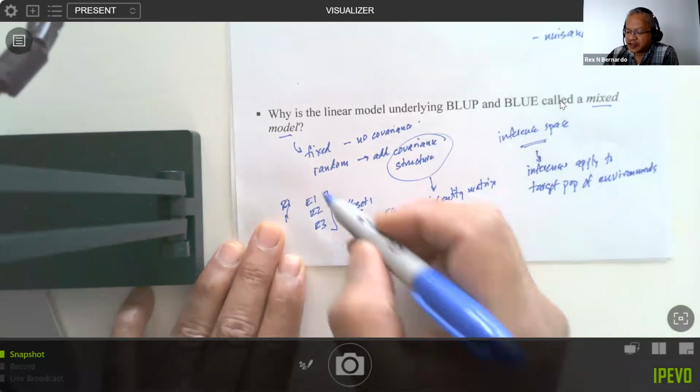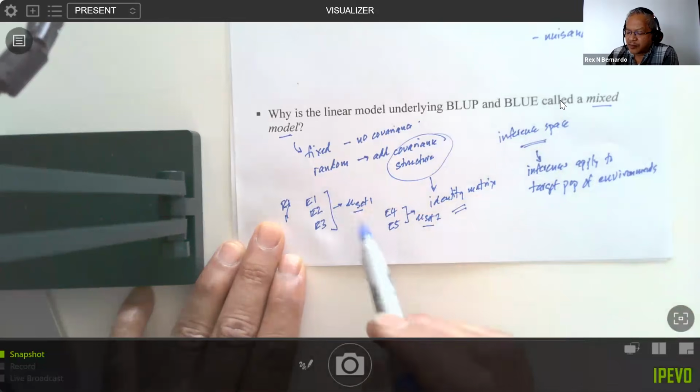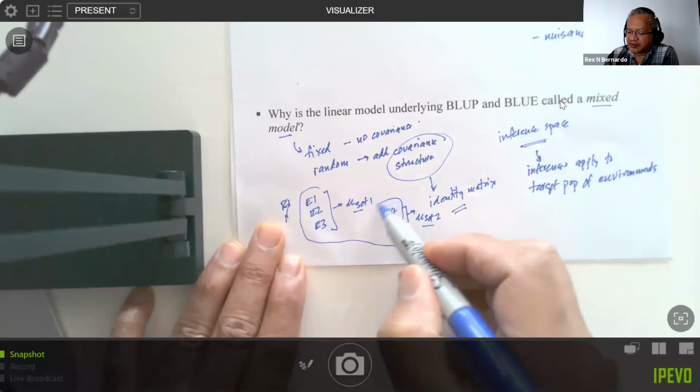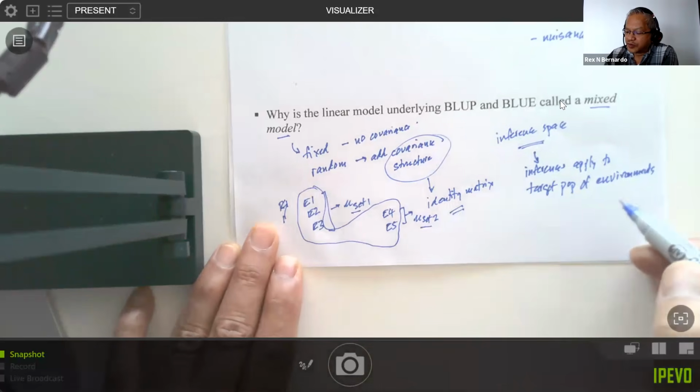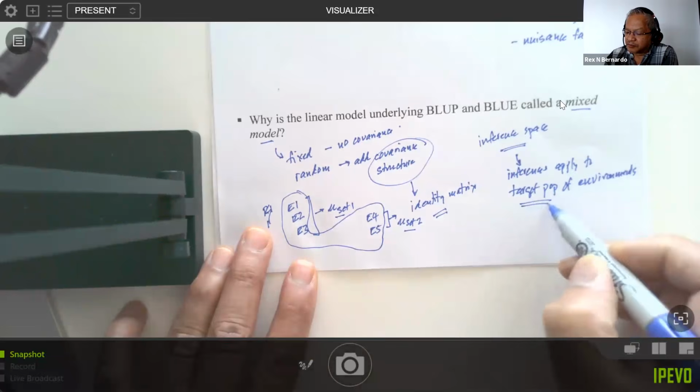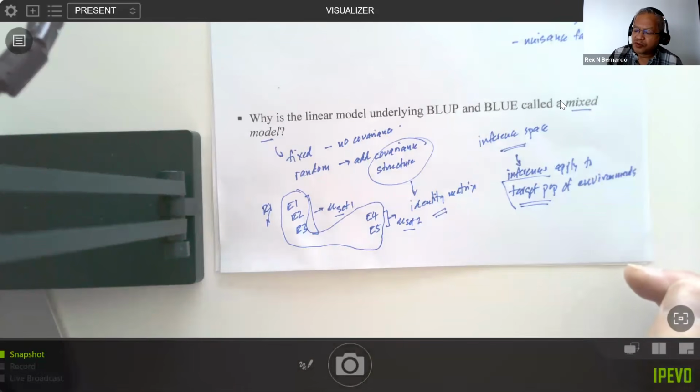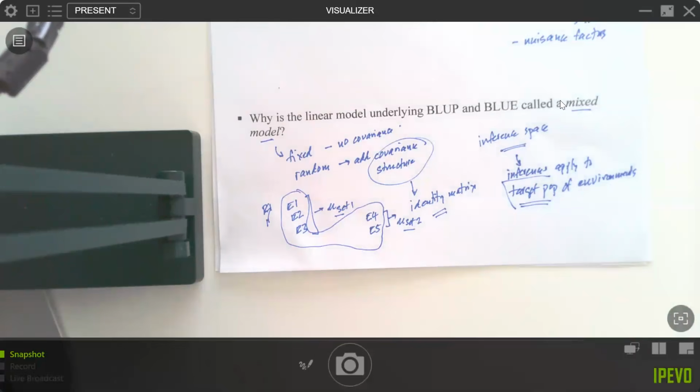However, we still consider all 5 environments as representative of the target population of environments. So it has more to do with the inferences that we make as to which environments we are applying these inferences.